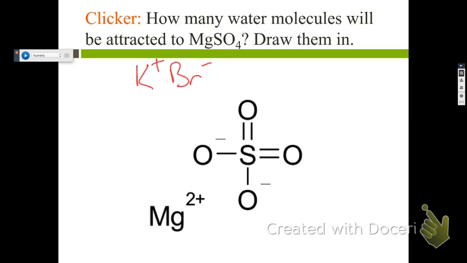Taylor, you want to give it a try? Josh? Magnesium and sulfate are further up the scale of electronegativity. So careful, Josh. We're not talking about sulfur or oxygen.